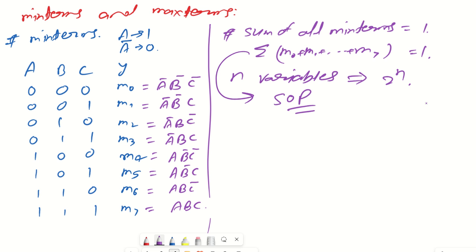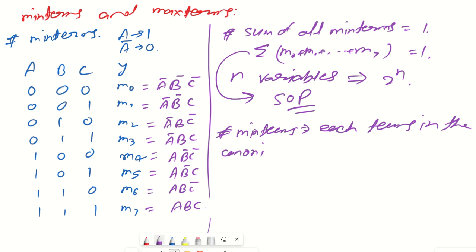Now, a very simple understanding: a min term can be defined as each term in the canonical sum of products form is a min term.